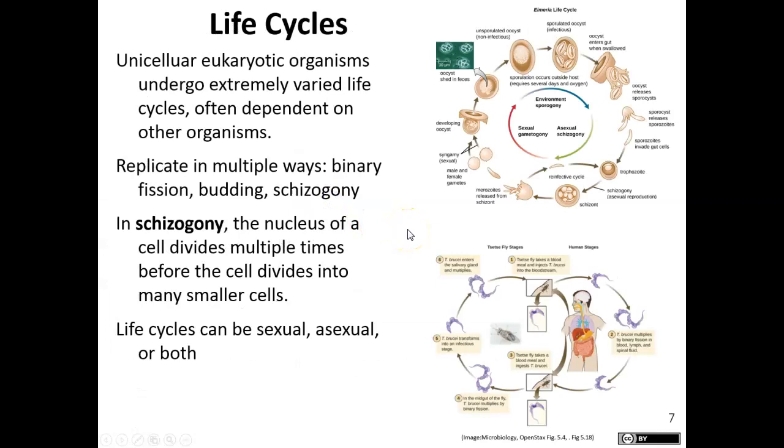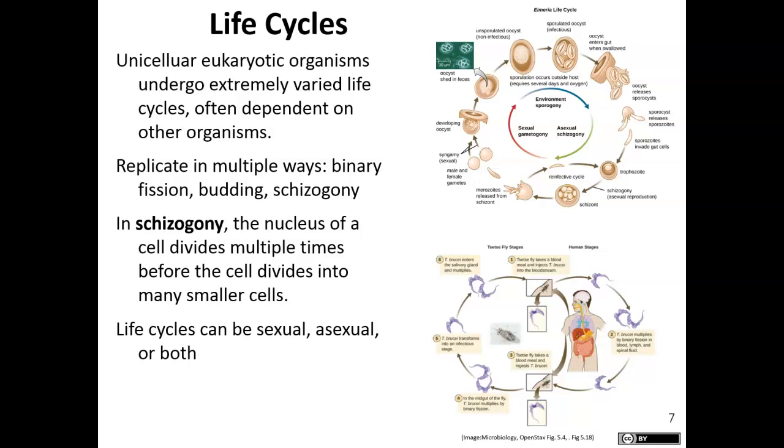So they can replicate using different mechanisms. Over here we have schizogony up top. Schizogony is a multiple fission of the nucleus.